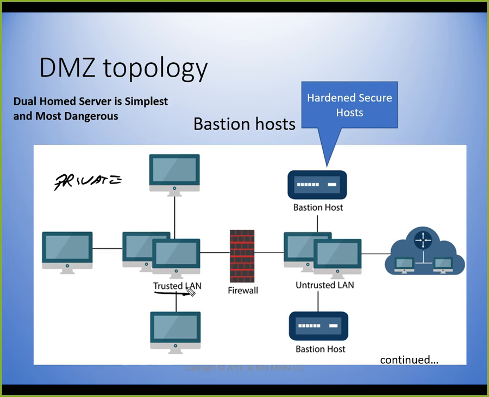You're in the trusted network. You're in the protected network, different terms that you will hear. You're behind the firewall. We might have something out here called an untrusted LAN, and the untrusted network is actually out here. The internet is the untrusted, but in here we have, and this says Bastion Host.